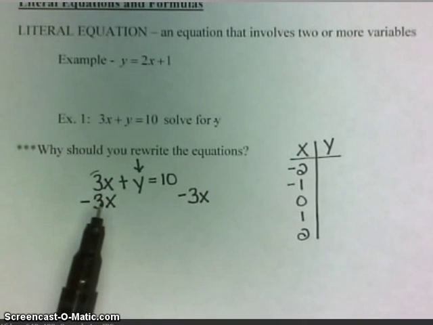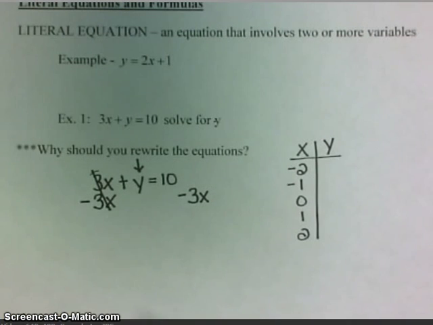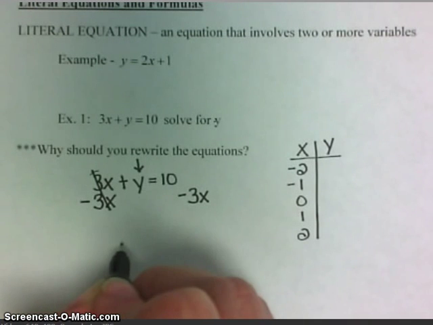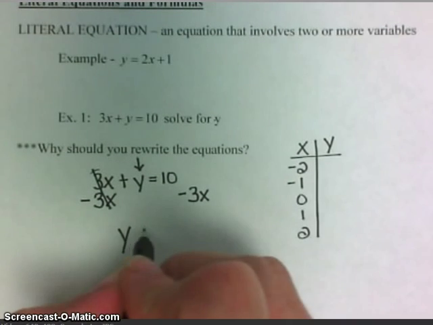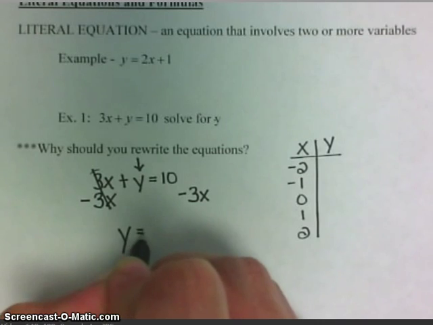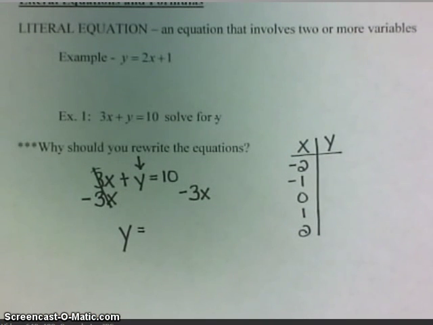So let's simplify this left to right. 3x minus 3x, positive 3x, negative 3x, gives us the 0 that we wanted. So all I'm left with is the positive y. That was my goal, to isolate y. On the other side, I have a subtraction problem because I can't technically put those together.